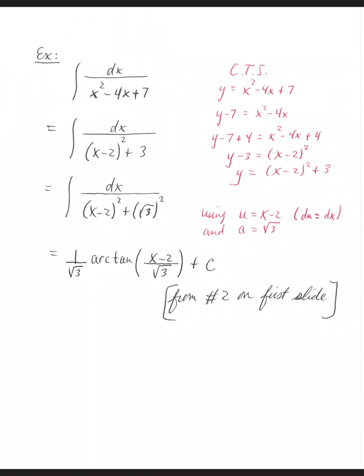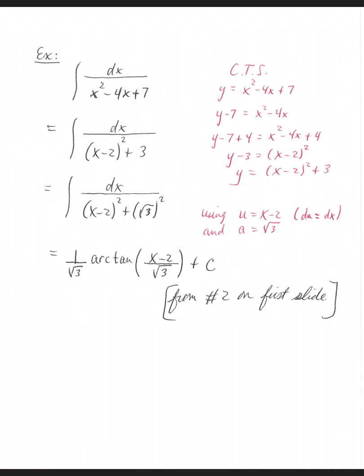The square is what you add to both sides. This right side factors as x minus 2 times x minus 2, which can be written as x minus 2 quantity squared. Negative 7 plus 4 is negative 3. Re-isolating y, you add 3, and now we've got our squares.